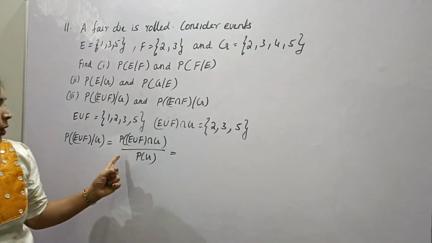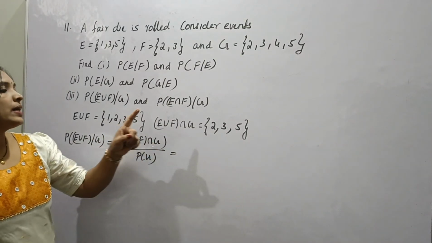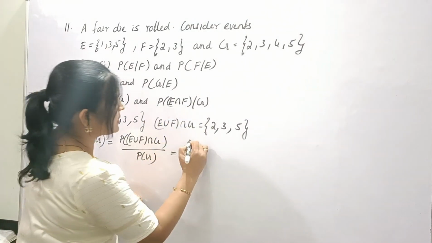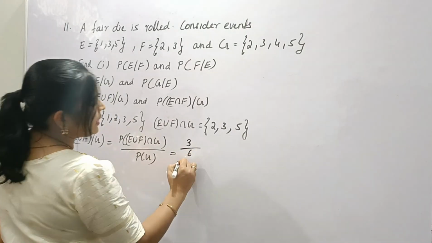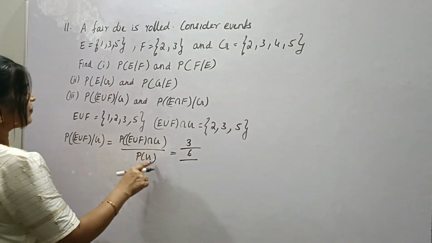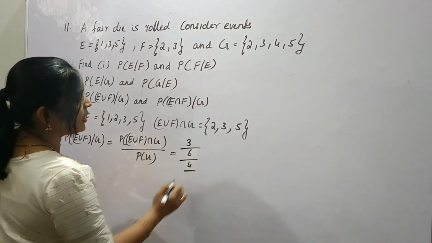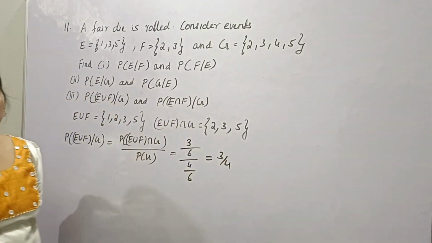Now here probability of E union F intersection G is the number of elements in E union F intersection G, that is 3, divided by the number of elements in the sample space, 6, divided by probability of G, the number of elements in G, 4, divided by the number of elements in the sample space, that is 3 by 4.